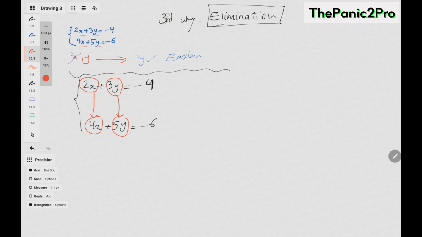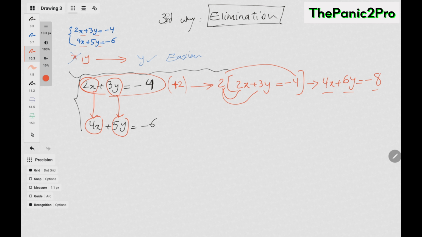What I mean is, if I multiply each side of this equation by plus 2, right? If I multiply everything by 2, what I'm going to get is 4x plus 6y is minus 8, right? I just multiply this.